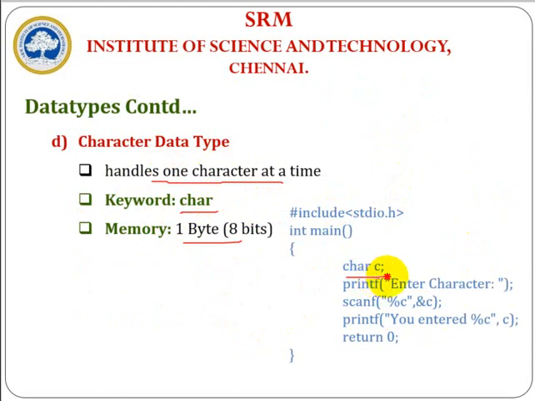So char c means I'm going to declare c as a character, and the format specifier is percentage c with ampersand, that is the address of the variable name. When you give percentage c, it can get only a character. Even if you pass 10, this will be considered as a character only. It will not be a number. It will be handled in ASCII format.